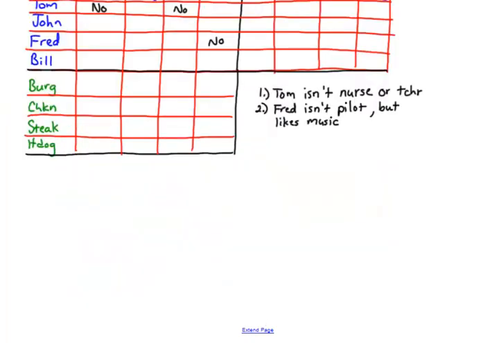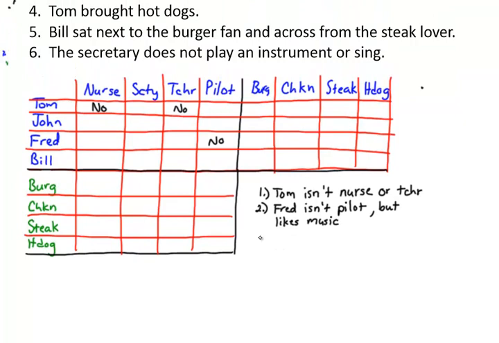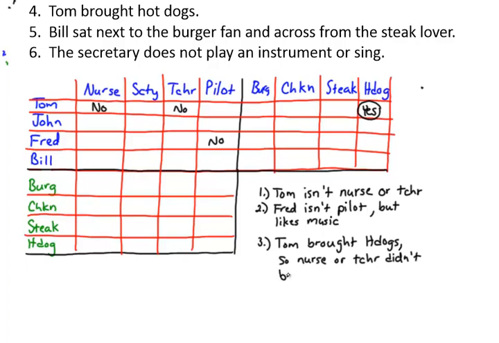Okay. Tom brought hot dogs. Okay, so Tom brought hot dogs. And so since he's not the nurse nor the teacher, the nurse or teacher didn't bring hot dogs.